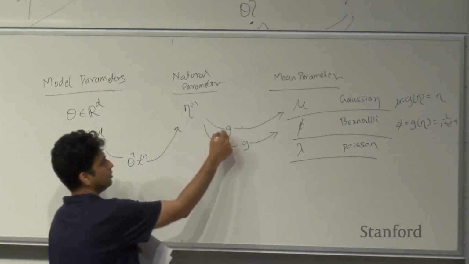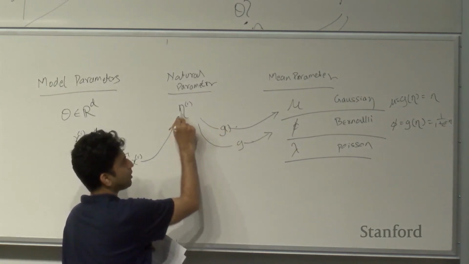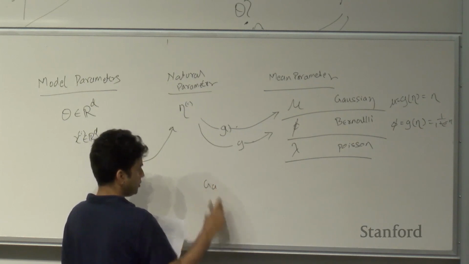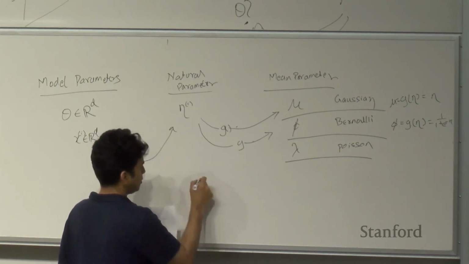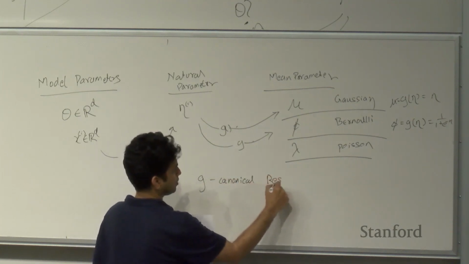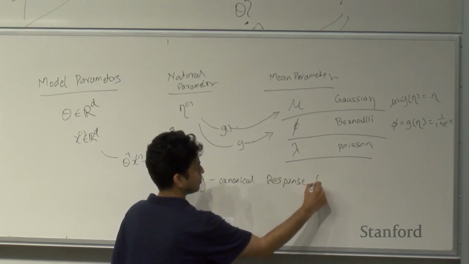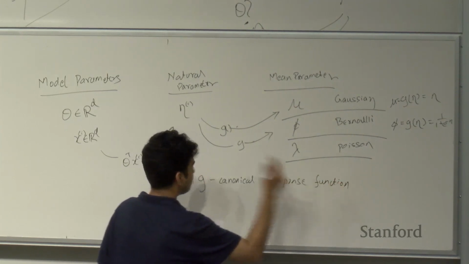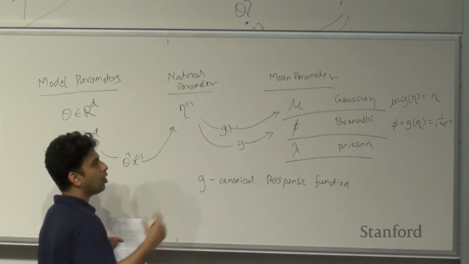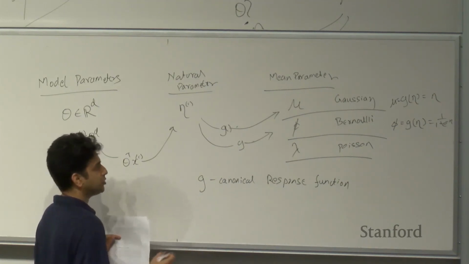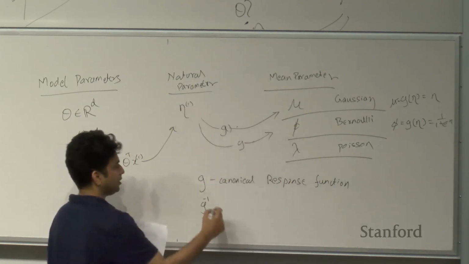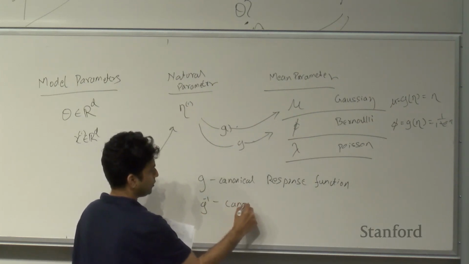And this function, the function g that takes you from the natural parameter to the mean of the distribution, is generally called the canonical response function. And the canonical response function has this property that it will always have an inverse, right? It's always an invertible function. And the inverse, which takes you from the mean back to the natural parameter, is generally called the canonical link function.